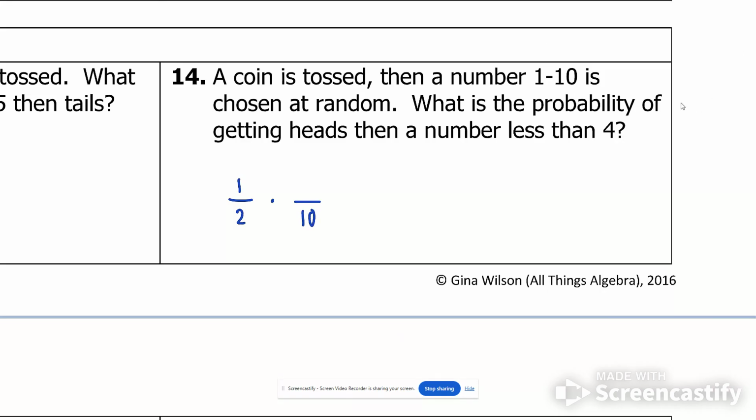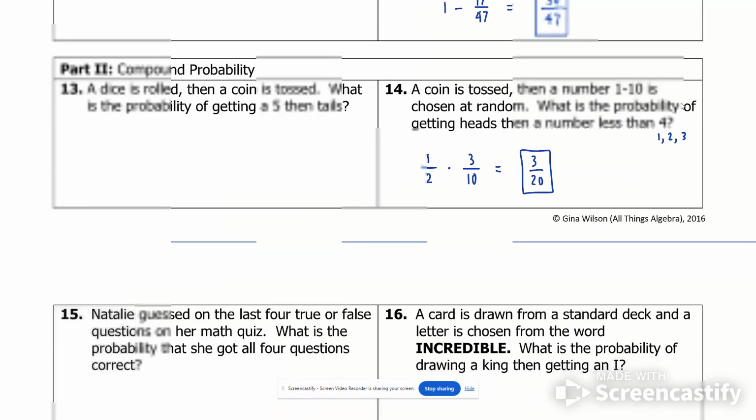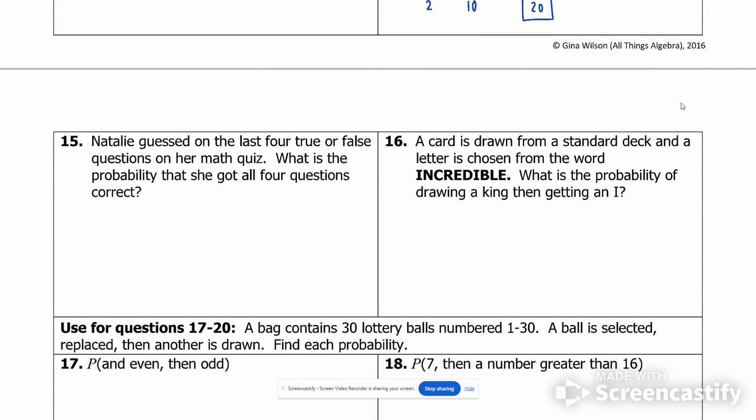Now, remember, less than 4 means you don't count 4. It's got to be less than 4. What numbers are less than 4? Well, that's 1, 2, and 3. So there's only 3 of those. 3 out of 10. So we're going to multiply the events. 1 over 2 times 3 over 10 equals 3 over 20. And if you did that with your graphing calculator, it won't reduce. So what you get there is going to be your answer.